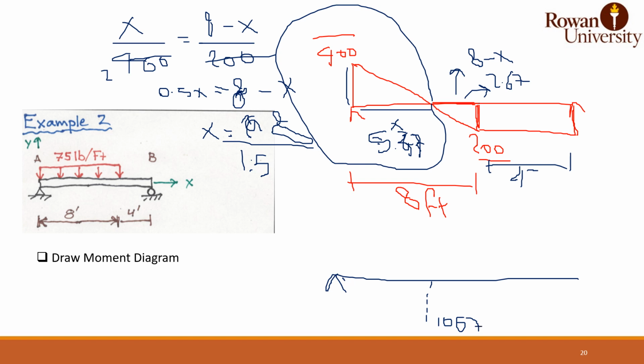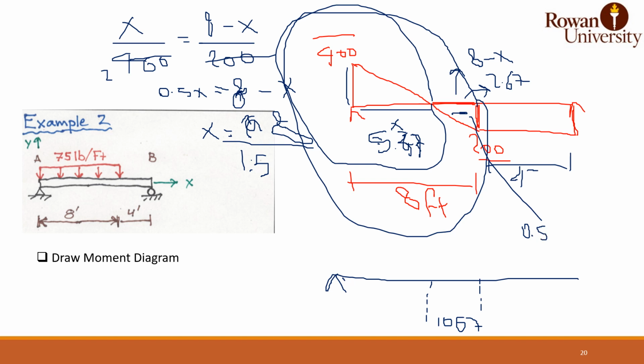If you also take the areas from this side to get the moment at this point, you have to subtract this area, which is half times 200 times 2.67. That is 0.5 times 200 times 2.67.